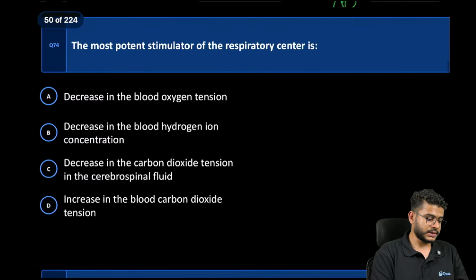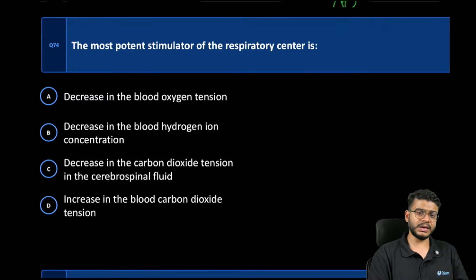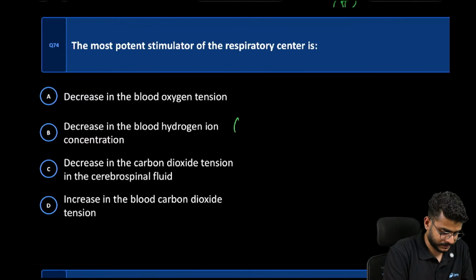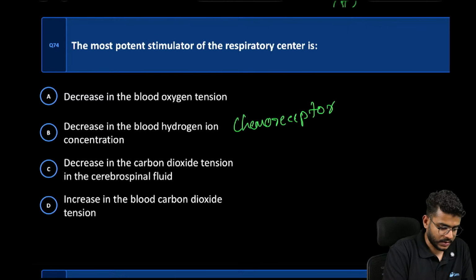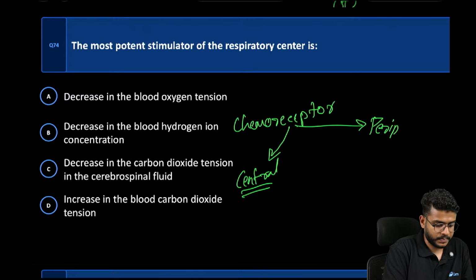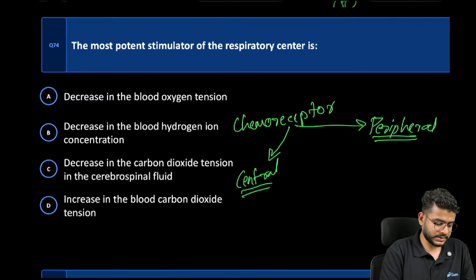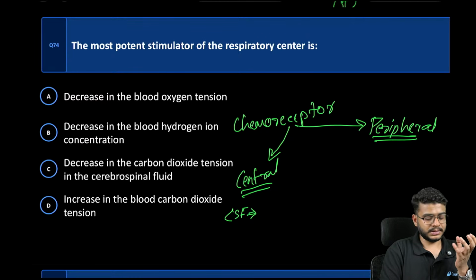The most potent stimulator of the respiratory center. So for that, we should talk about the chemoreceptors, respiratory chemoreceptors. We have two types: central chemoreceptors and peripheral chemoreceptors. Central chemoreceptors in the CSF monitor the changes in carbon dioxide.